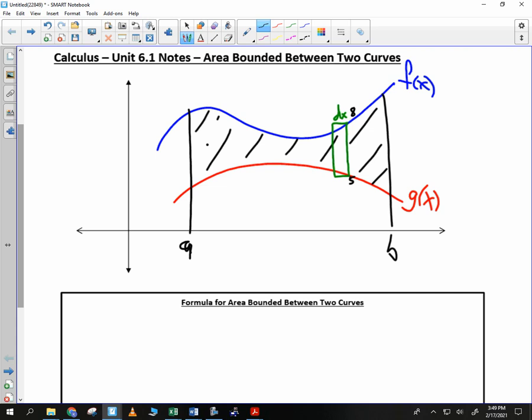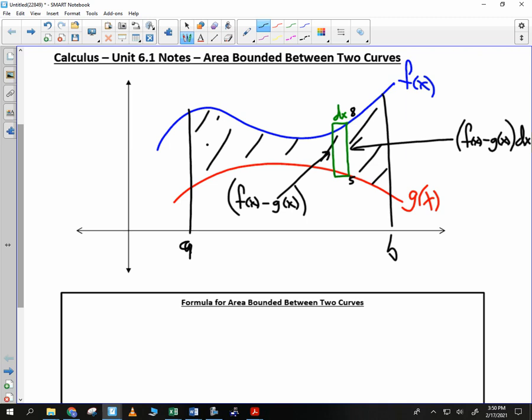You would say that the height of the rectangle would be 3 because the difference between the two is 3. So in fact, that height right there is f of x minus g of x. So the area of one rectangle is simply going to be f of x minus g of x dx.